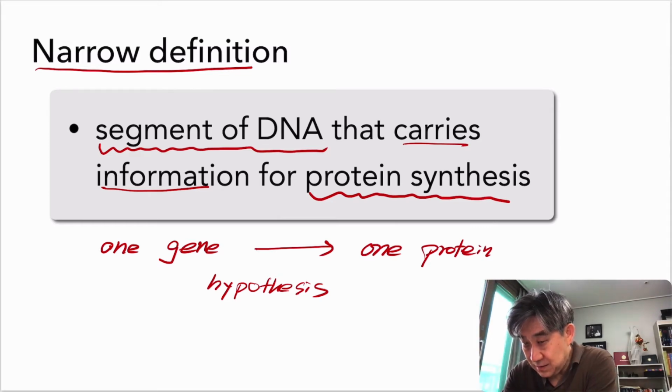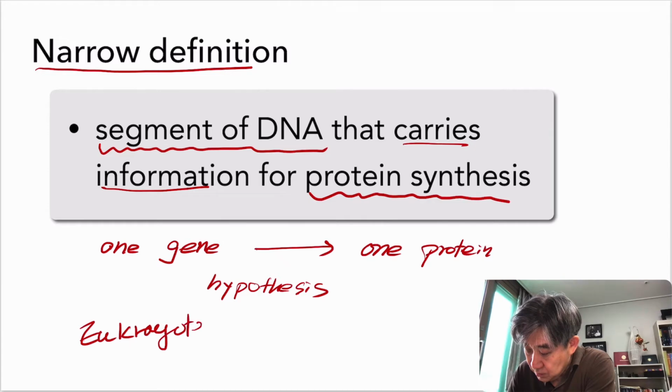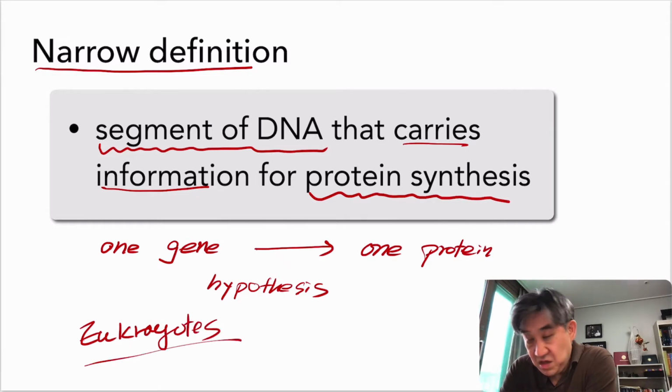But if we only stick with this one gene, one protein hypothesis, by the way, this rule only applies to the case of eukaryotes. For prokaryotes, the gene organization is a little bit interesting.